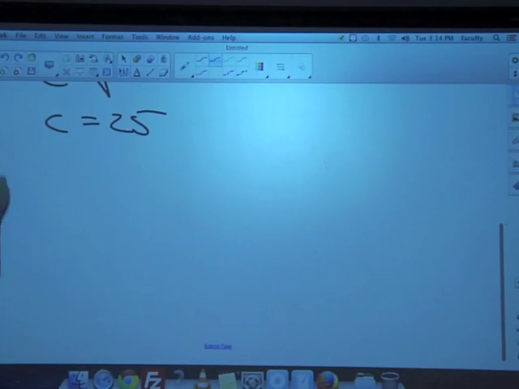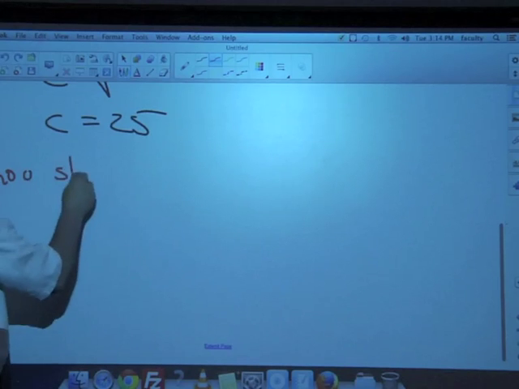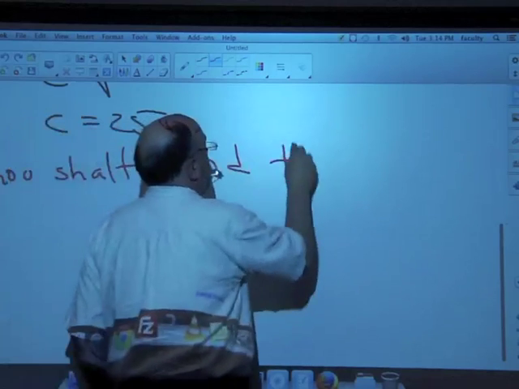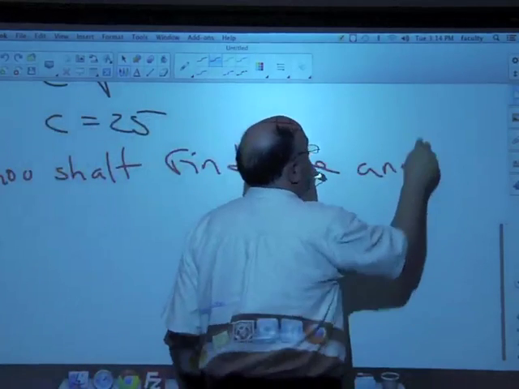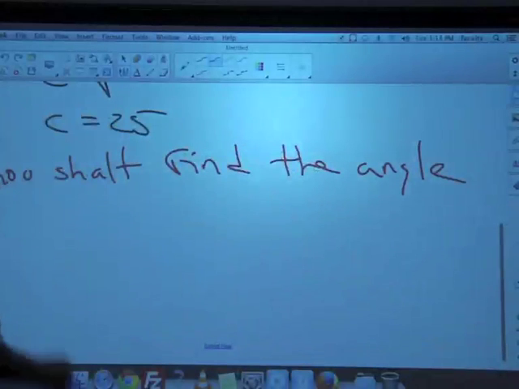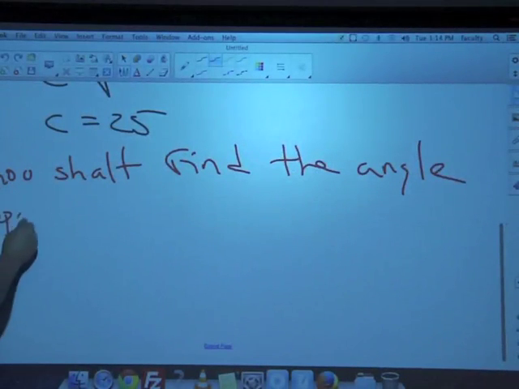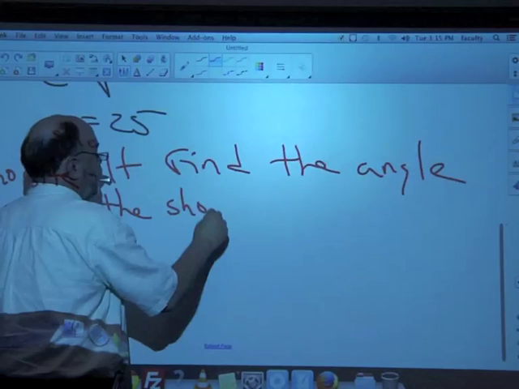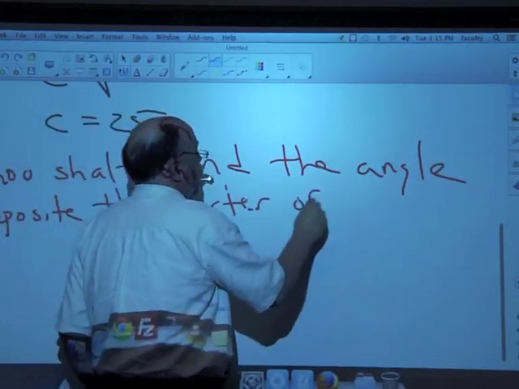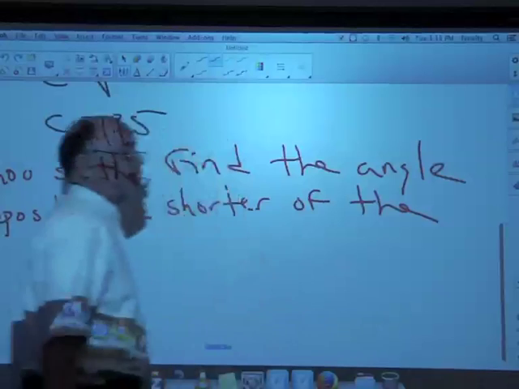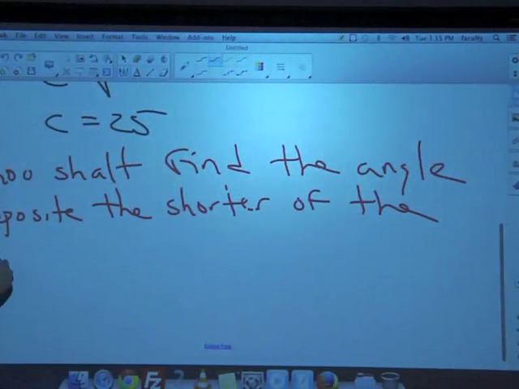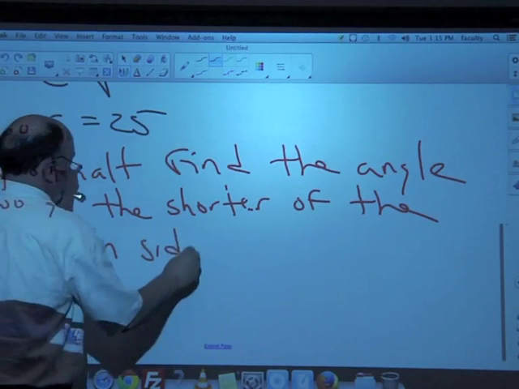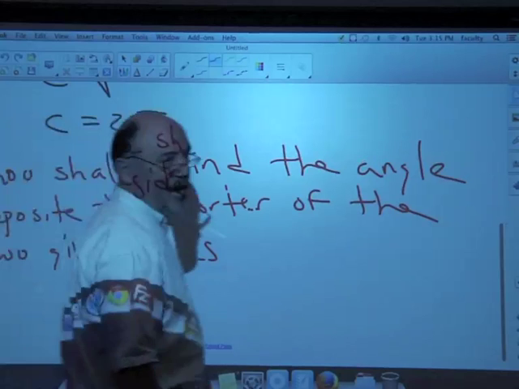And that is thou shalt find the angle opposite the shorter of the 2 given sides. This is still a side angle side. Yep. So side angle side has 2 thou shalts.